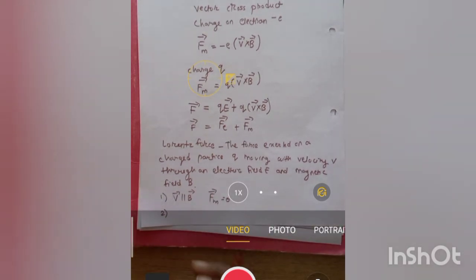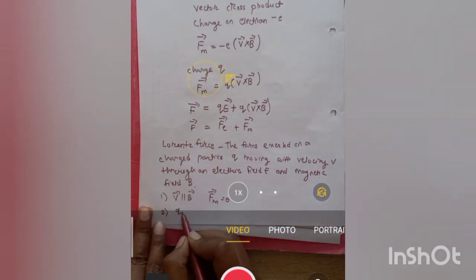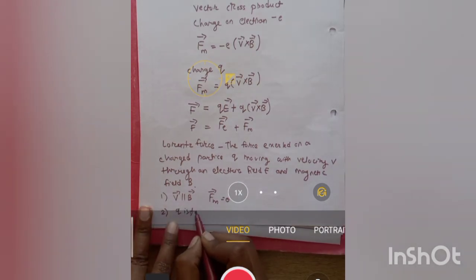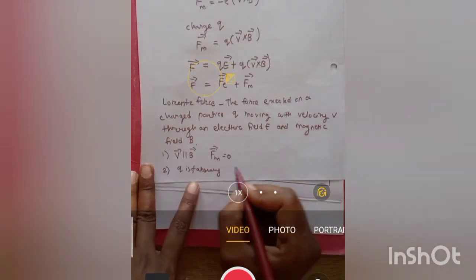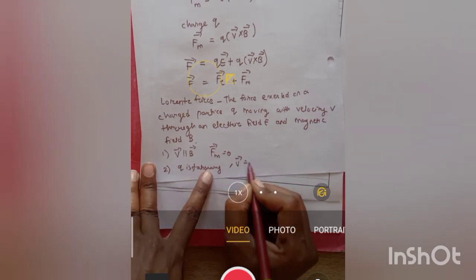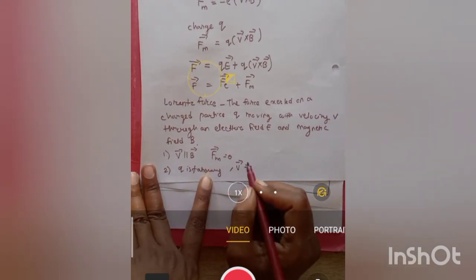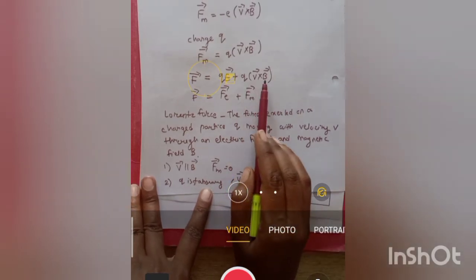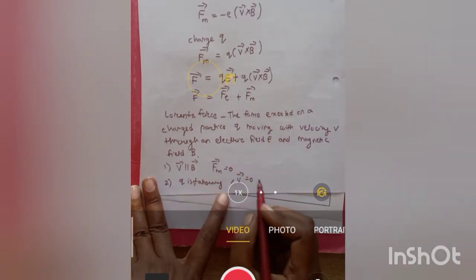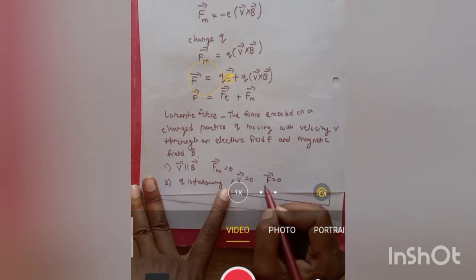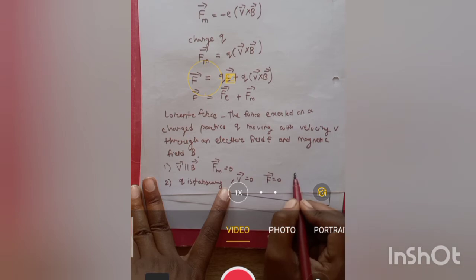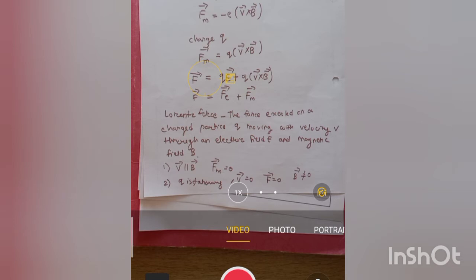And if the charge is stationary, its velocity will be 0, and as its velocity is 0, v cross B will also be 0. Even if the magnetic field is 0, still F will be equal to 0.